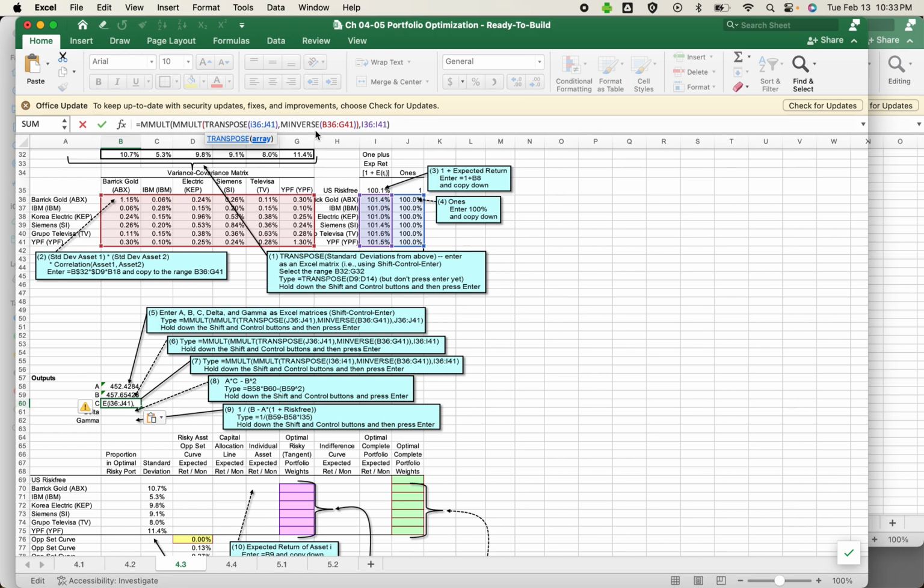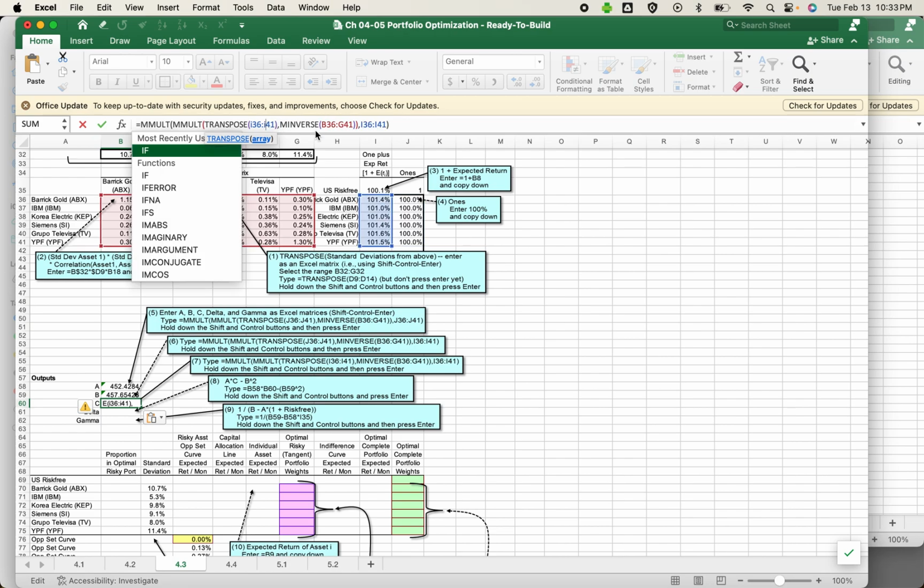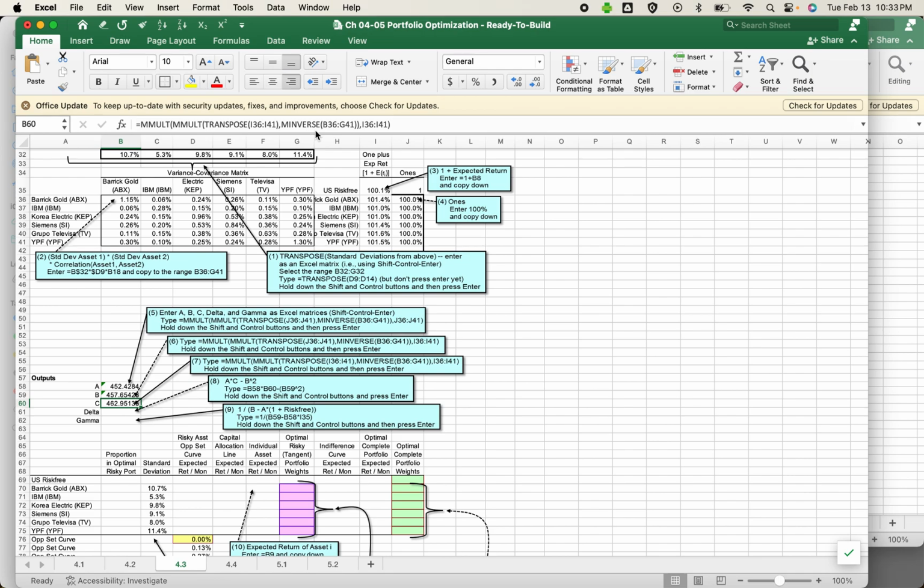And again, if you don't want to mess around with Excel and it's easier to just type it in, that's fine with me. Okay, let's make sure I have J by J, J by I, I by I.